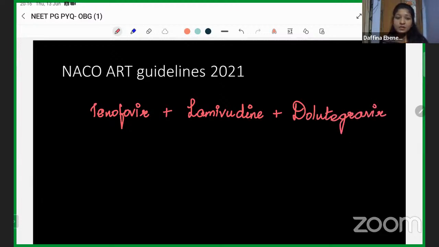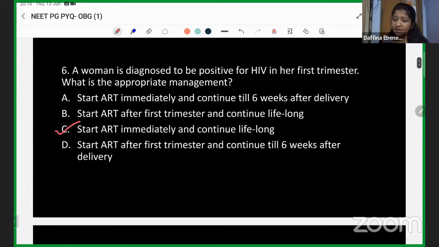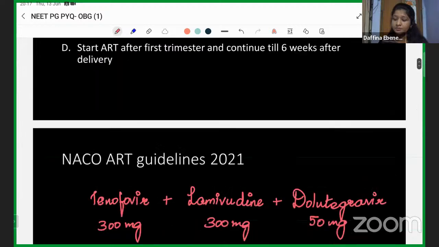Anytime pregnancy or breastfeeding, this should be your regimen for antiretroviral therapy. Okay, so the dose will be 300 milligram, 300 milligram, and 50 milligram, given as OD dosage. Okay, so the answer will be to start ART immediately and to continue it lifelong.